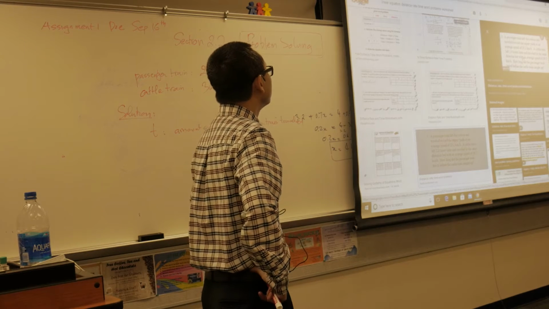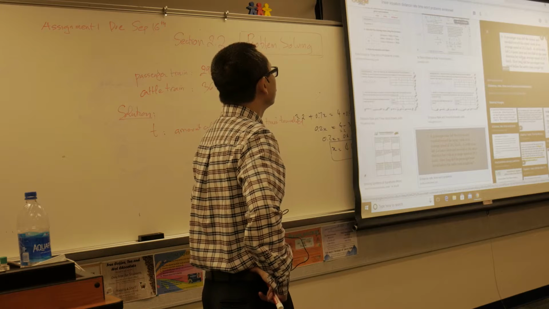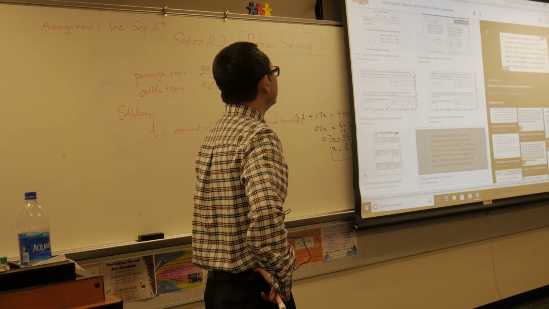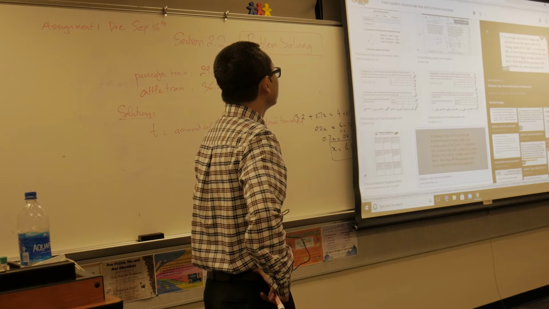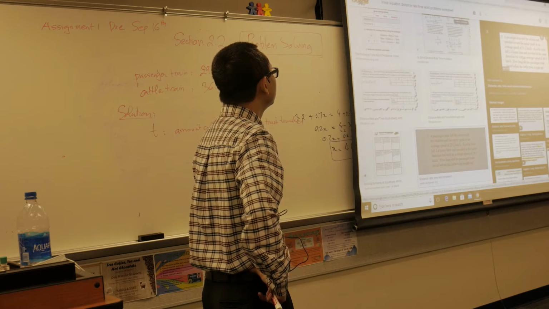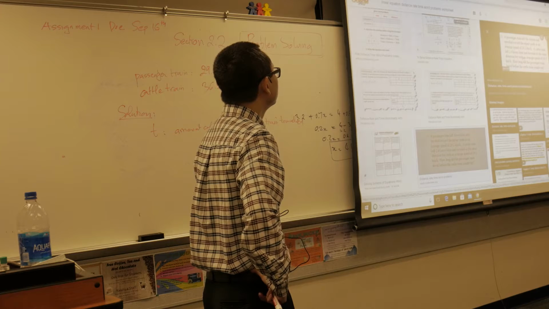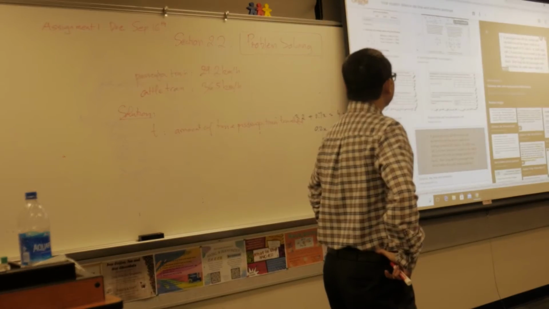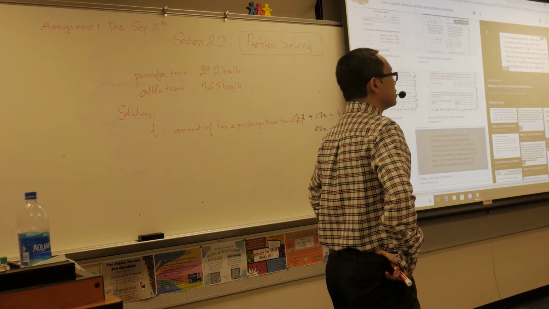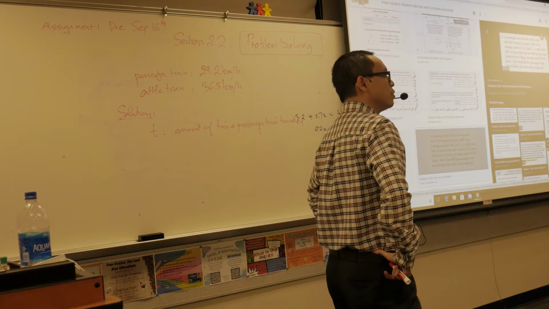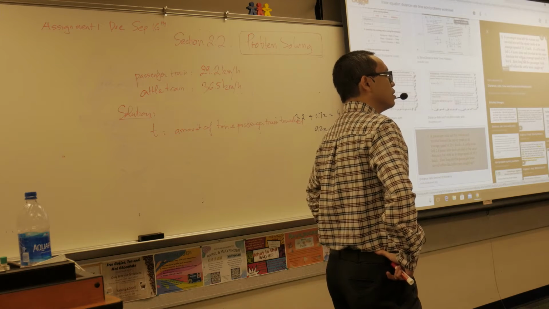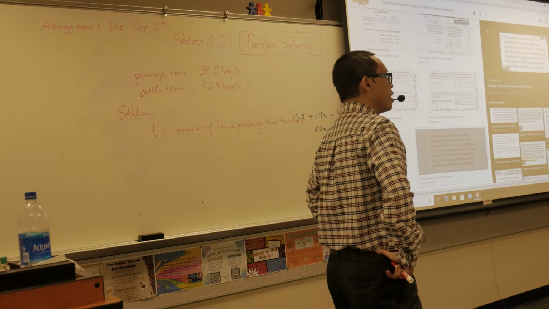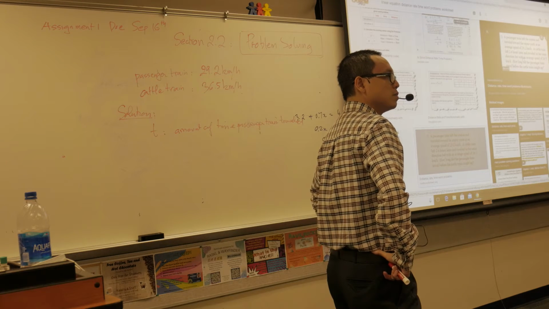How long did the passenger train travel before the cattle train caught up? The information that it left 2.4 hours later is very important. So you need to find a relationship between T and 2.4 hours right there.